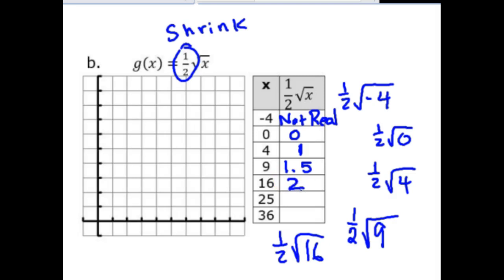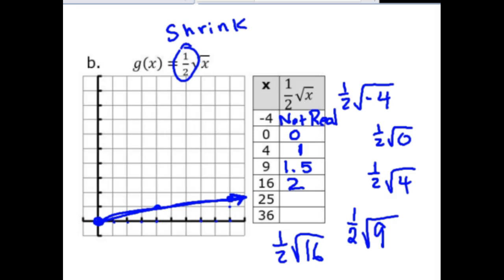And those are going off my graph paper anyway. 1, 2, 3, 4, and 1. Do you see that that graph has been squished down? It is compressed.